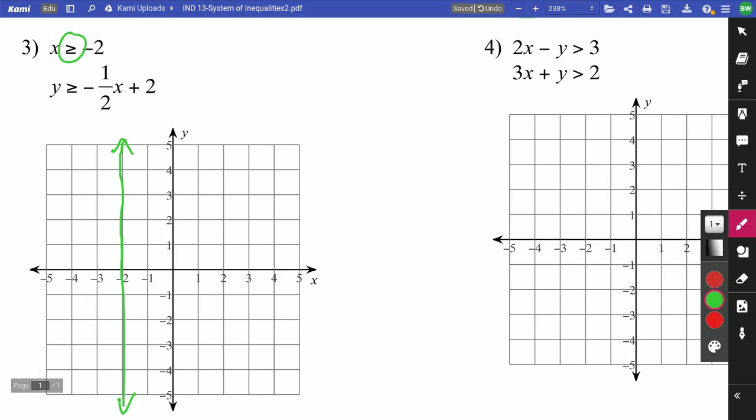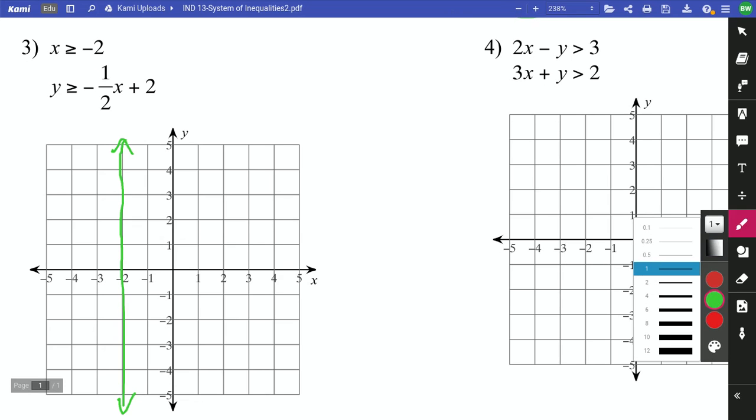Okay, so the other one is in slope-intercept form. Well, first let's go ahead and shade once we made the line. Which side do we shade? It says greater than or equal to -2.